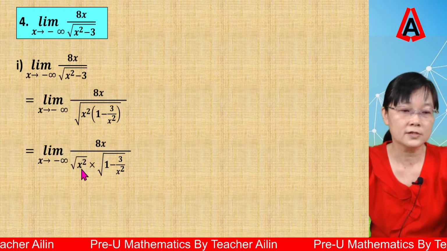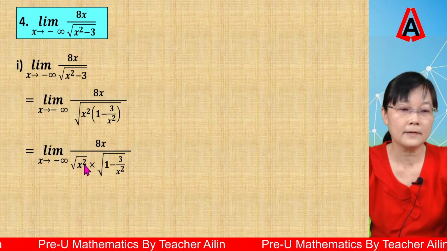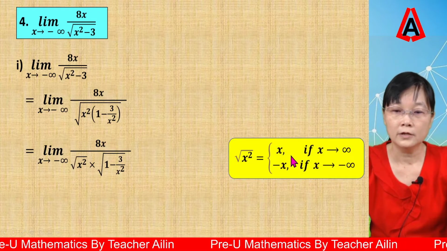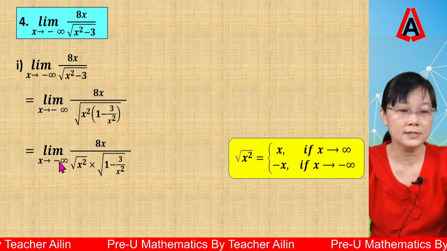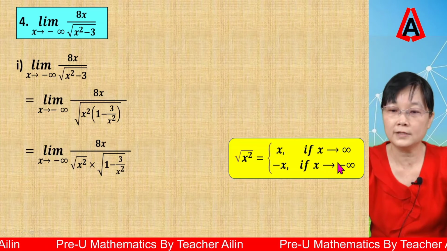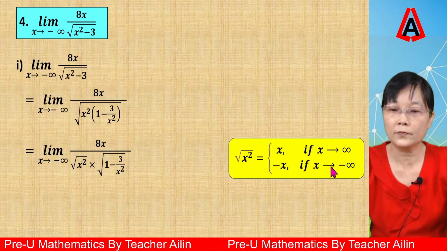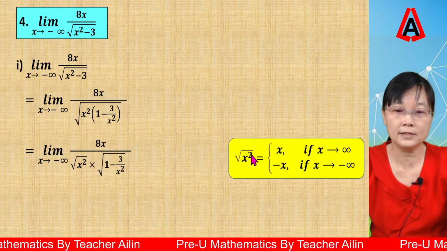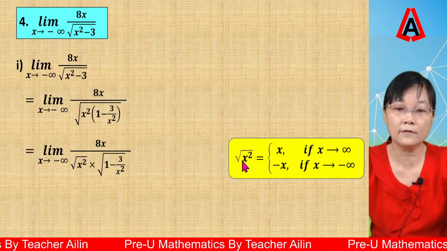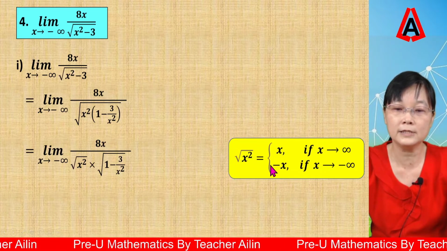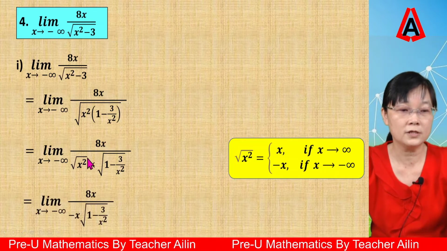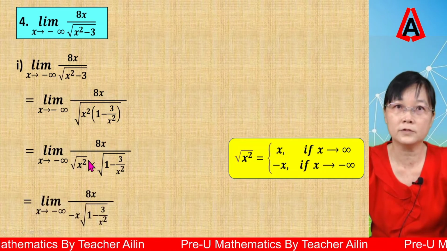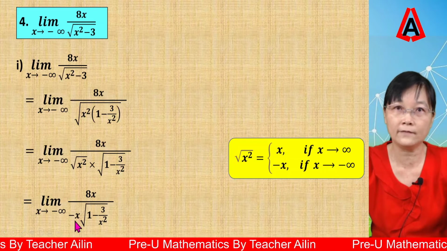To change the square root of x power 2, notice that now x approaches negative infinity. As x approaches negative infinity, the square root of x power 2 actually is equal to negative x. So I change the square root of x power 2 to negative x.